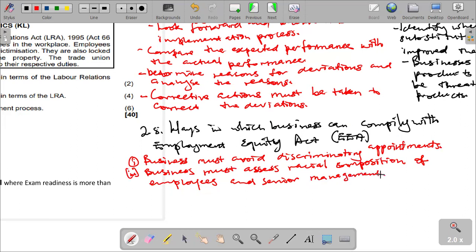Businesses must assess the racial composition of their employees and senior management, in terms of the ratios of different representations of people in their workplace.